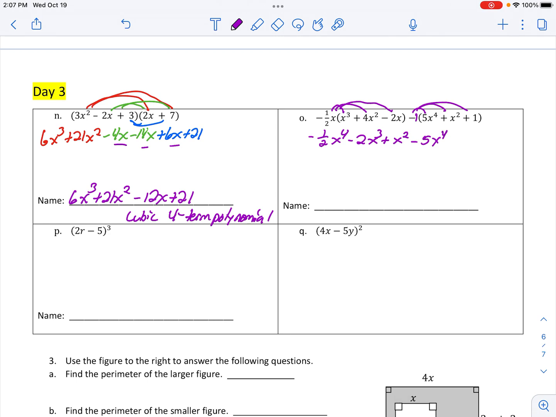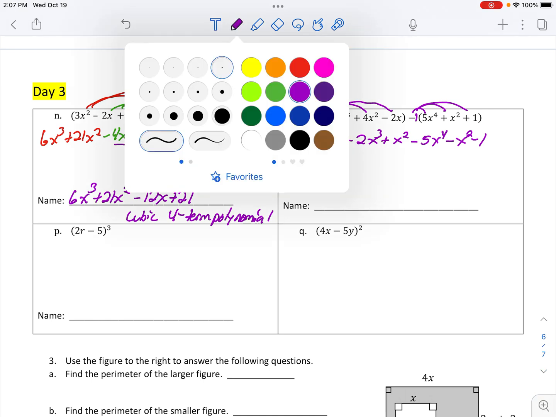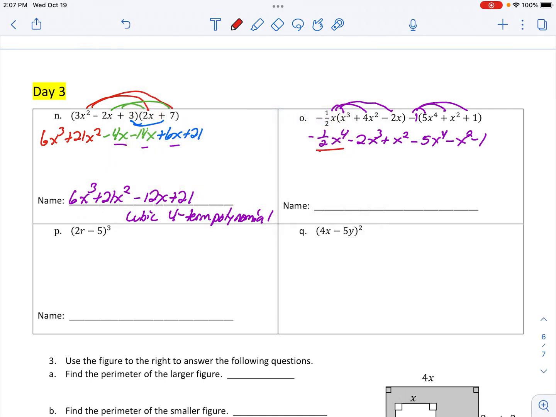All that does is flip your signs. And now walk it through by combining like terms. Negative 1/2 plus a negative 5. That's going to give you negative 5.5, or you can write it as an improper fraction, which is fine as well.